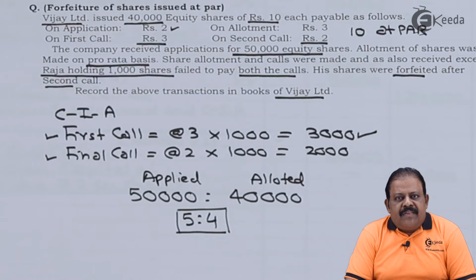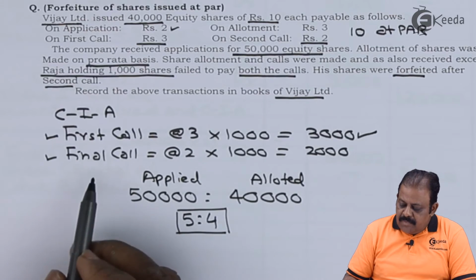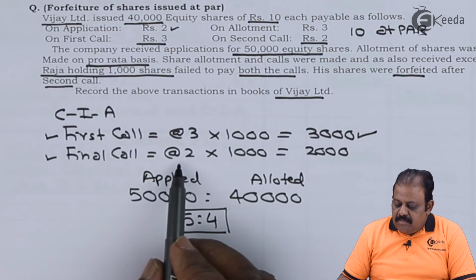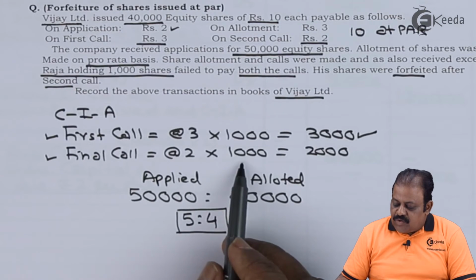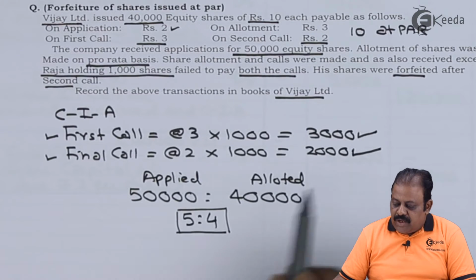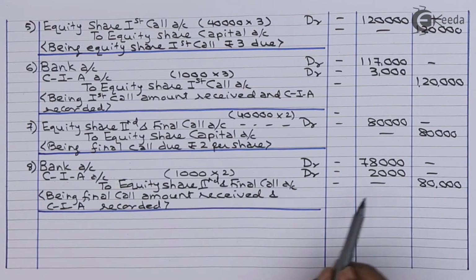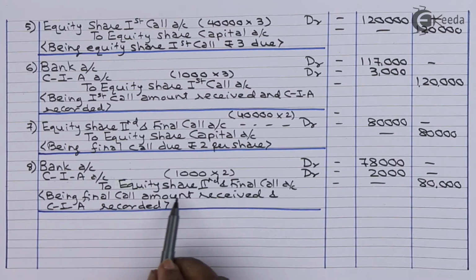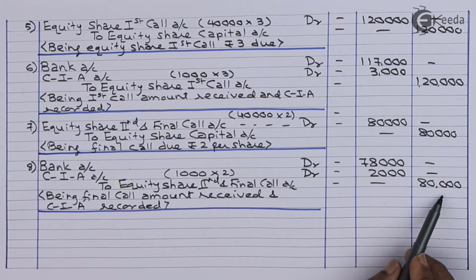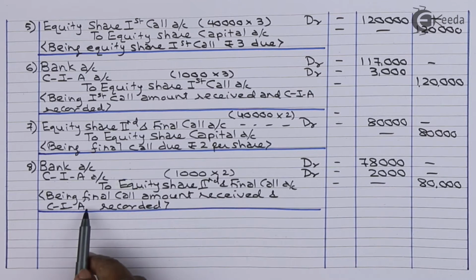All shareholders have paid the amount except Mr. Raja, who failed to pay the final call on 1,000 shares. So at the time of final call, per share 2 rupees on his 1,000 shares, he failed to pay 2,000. Bank account debit 78,000, calls in arrears account debit 2,000 to equity share second and final call account 80,000, being final call amount received and calls in arrears recorded.